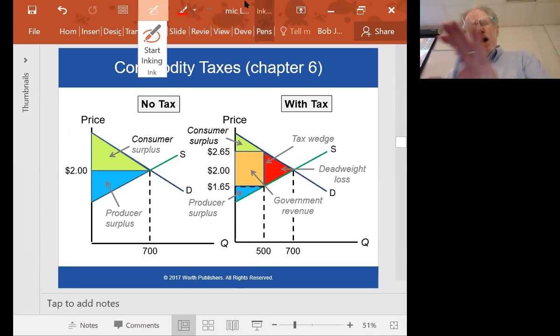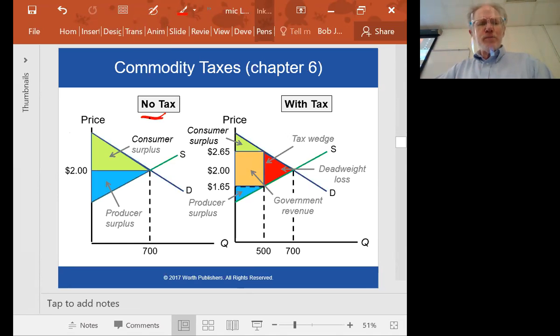We said that without the tax, over here, we end up in our equilibrium. Consumer surplus is here, producer surplus is here. Gains from trade would be the total. And so the gains from trade are maximized. We said if we impose a tax, say on the producers, when the supply curve shifts, you end up moving up to here, okay?